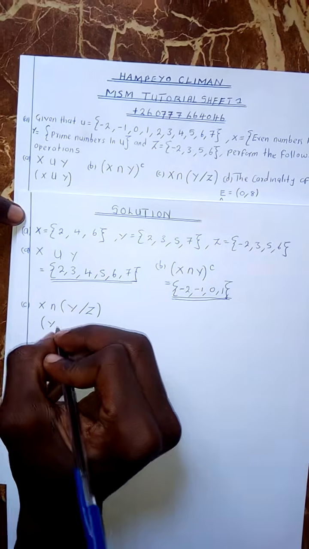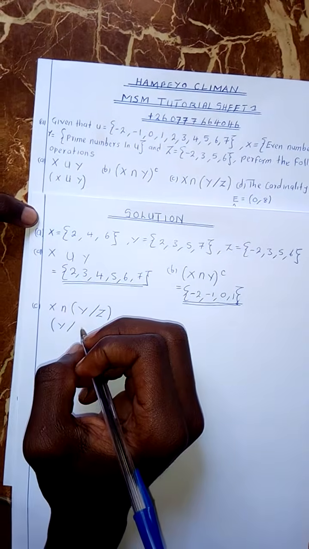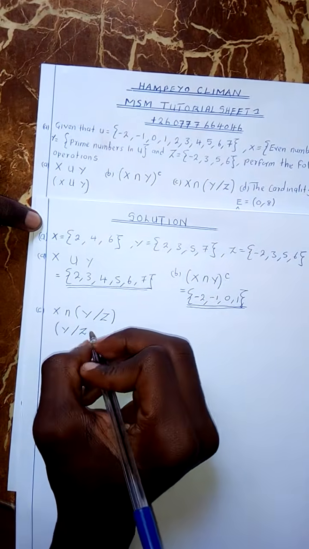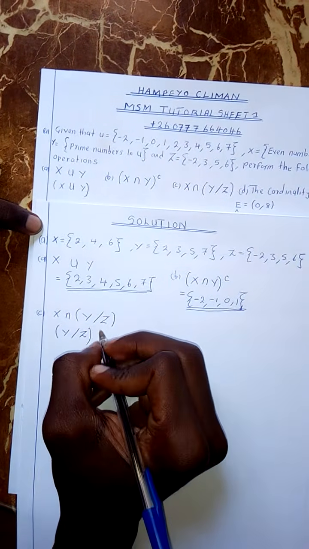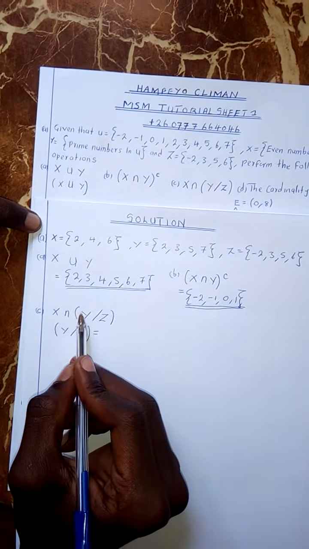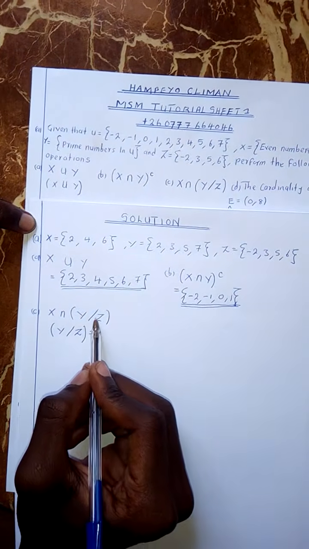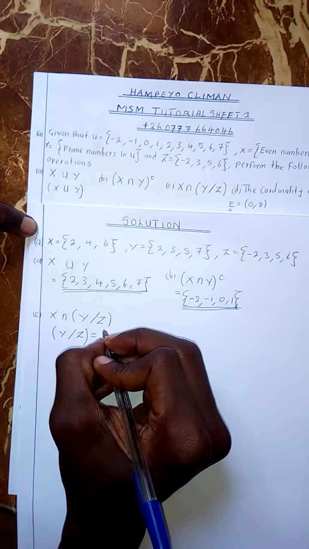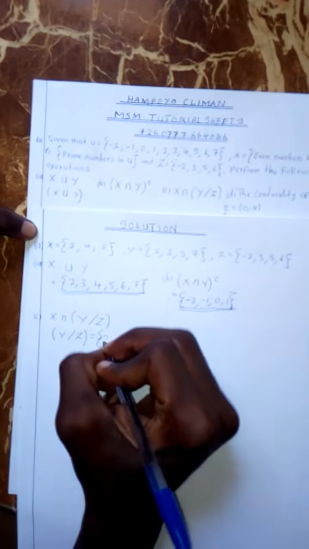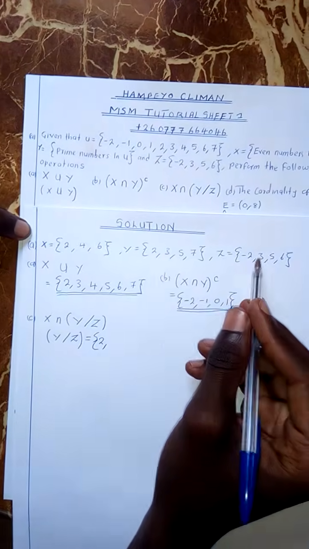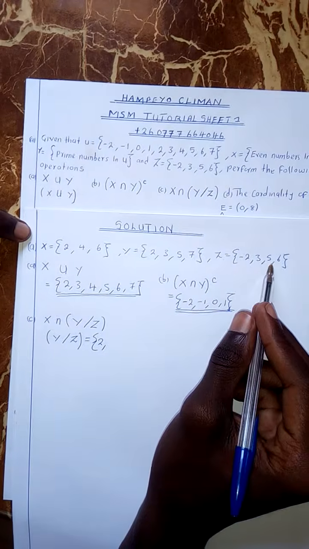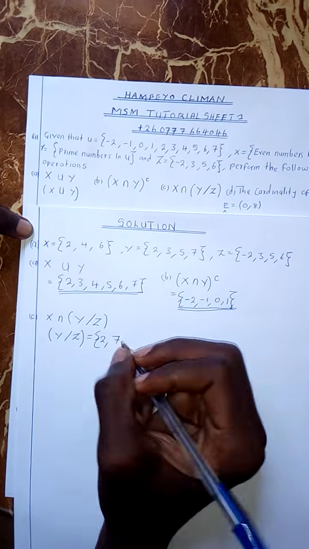So Y slash Z. When you have something like this under sets, this simply means that whatsoever value is in Y, which is not in Z. So what are the values that are in Y which are not in Z? So we have a 2. No, here we have 3, so not 3. Here we have 5, not 5. Here we have 7, here we don't have 7. Therefore, we are going to have a 7 like this.